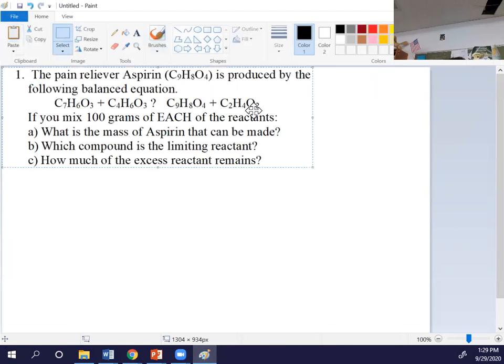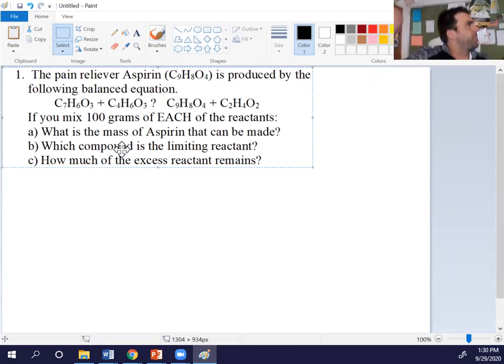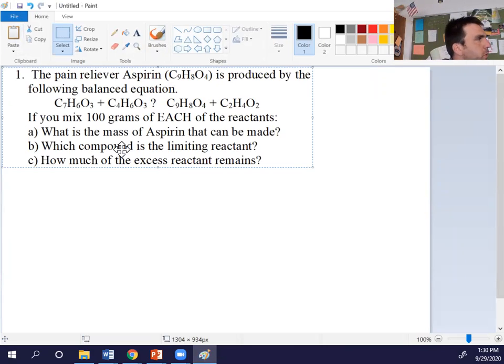The pain reliever aspirin is produced, and there should be a decimal point in this, I apologize, by the following balanced chemical equation. If you mix 100 grams of each reactant, what mass of aspirin can be made? So 100 grams of each reactant. So I need to do what?